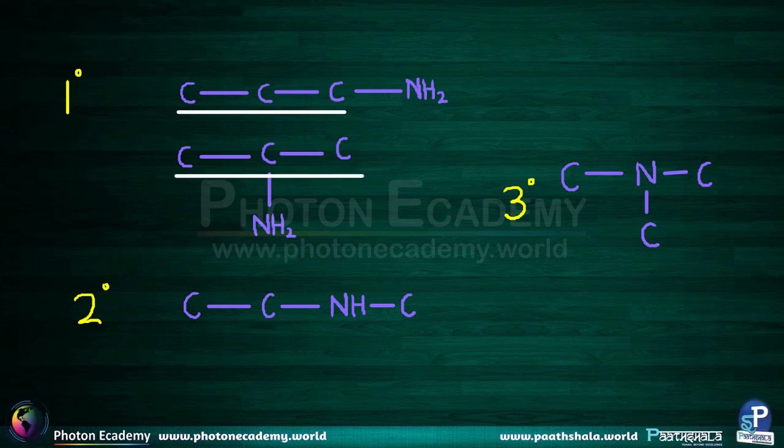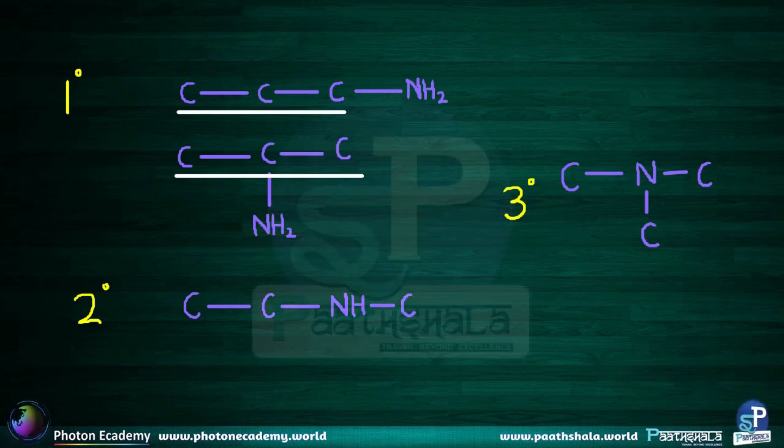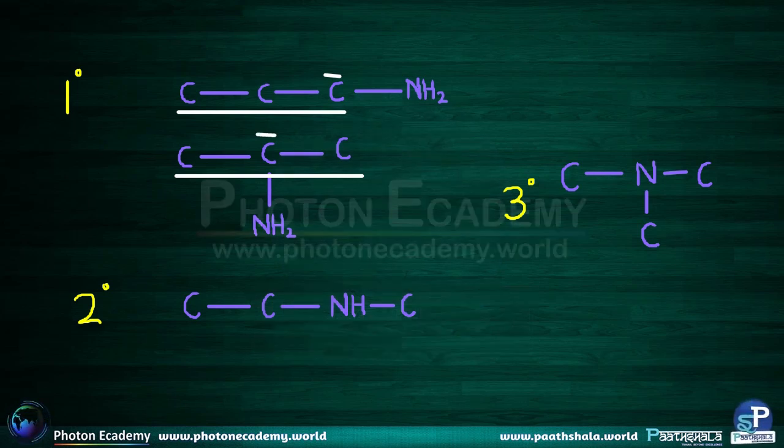And then when my amine group is bonded to the end of the carbon chain, I get one possible structure. And when my amine group is bonded to a middle of the carbon chain, I get another possible structure. So for a 1 degree amine, I get two possible structures.